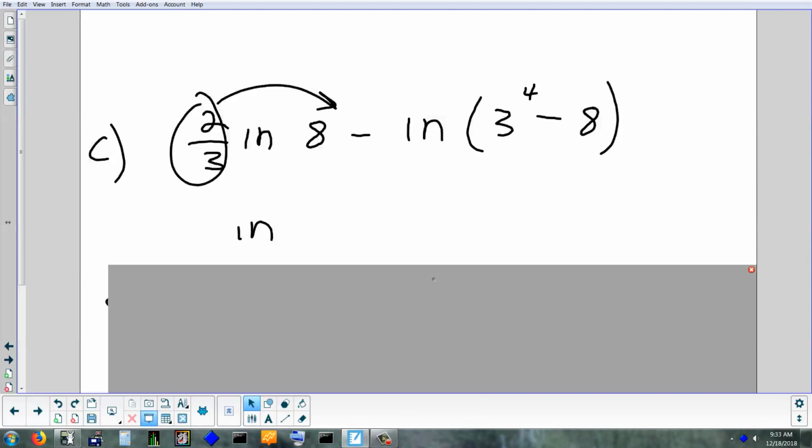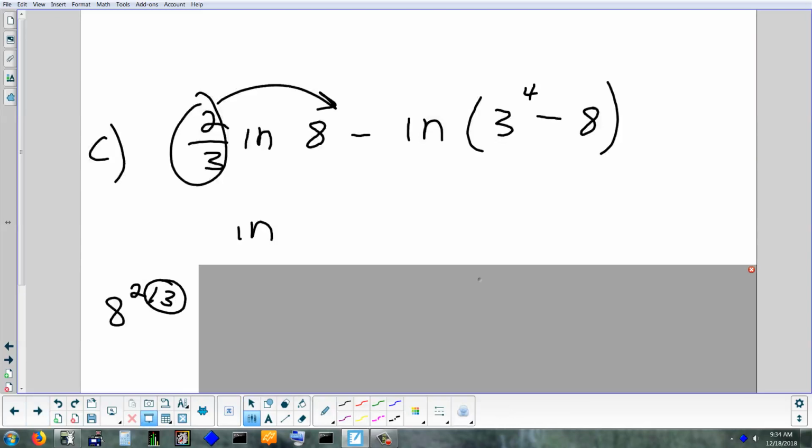if I think of it like that, it's 8 squared, which is how much? 64. And then the number you divide by tells you the root you're taking. If it was a 2 in the bottom, that's a square root. We did that earlier. That's a 3 in the bottom, so that's a cube root.